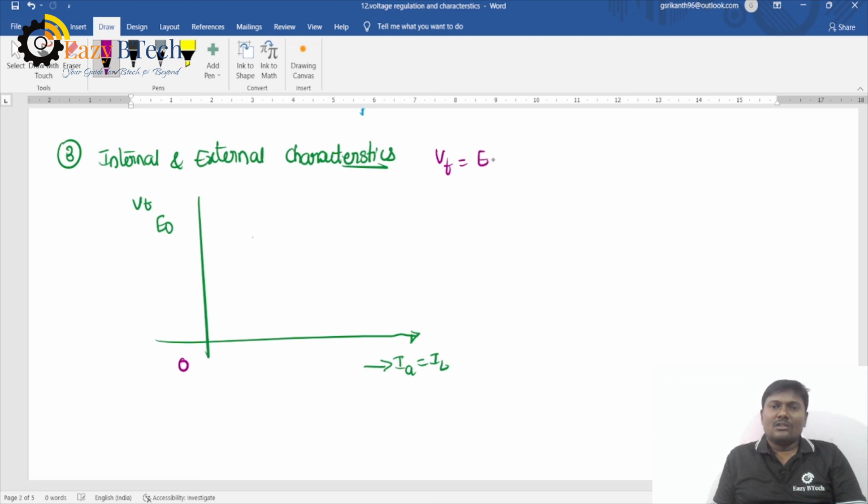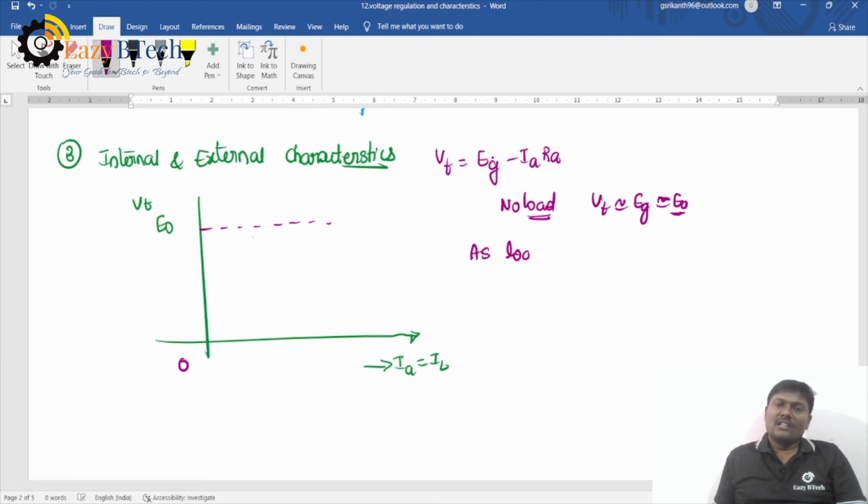VT is equal to EG minus IA into RA. Under no load operating condition, VT is approximately equal to EG, that should be equal to E naught, as I am taking the reference.